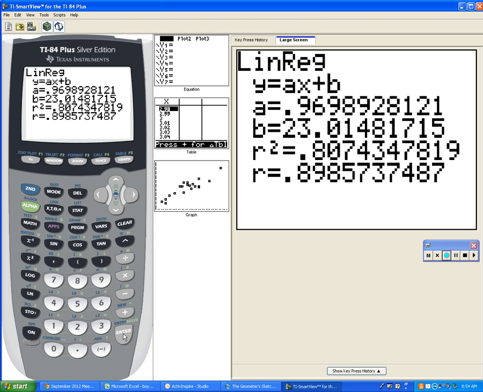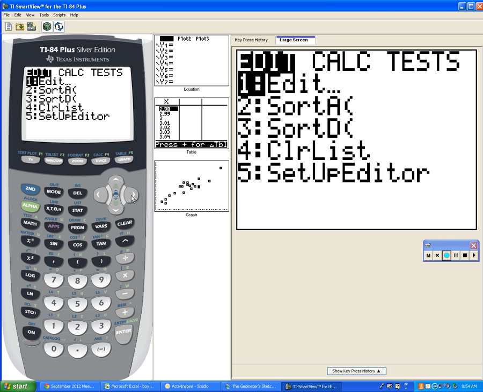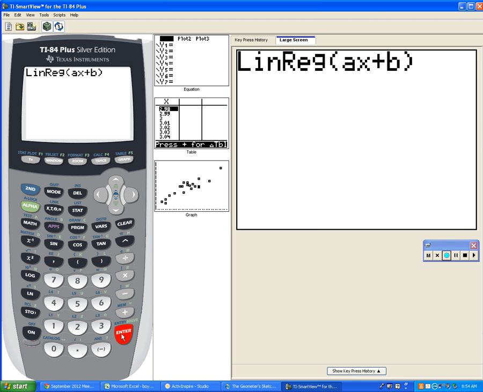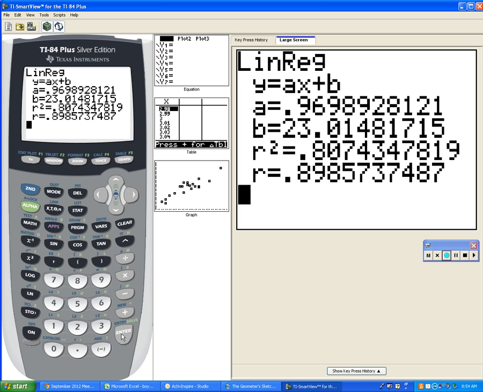So one more time, go stat, over to calc, hit number 4, and then hit enter, and it should give you: a is the slope, and b. You don't need to have r squared, we'll talk about that later. Some of you might have it. Okay, so this gives you the equation for the line.